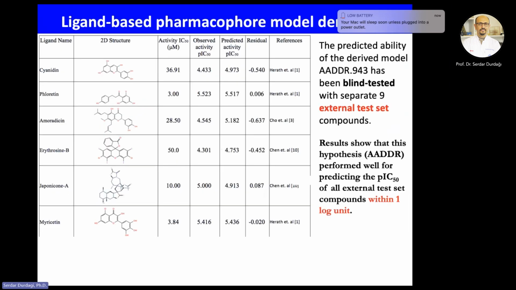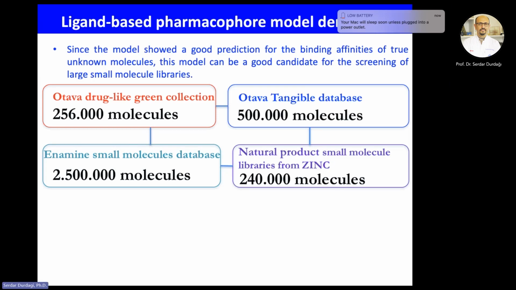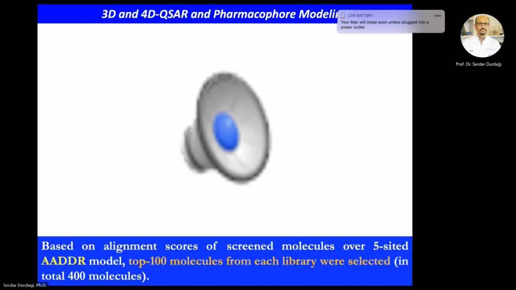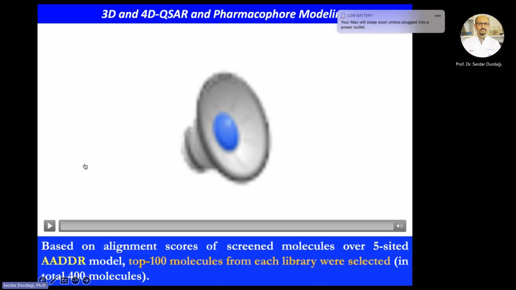Then we used this ligand-based pharmacophore model with an external test set, and our model showed good prediction; it can predict unknown compound activities well. Then we used this model to screen a very large number of molecules. So here again, we have the AADDR model.